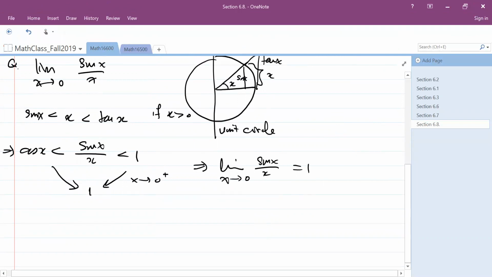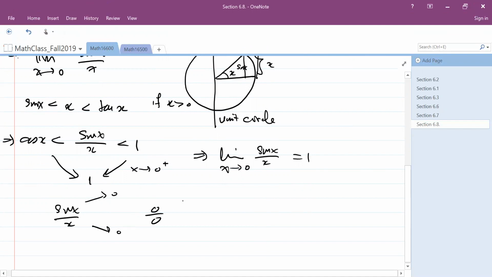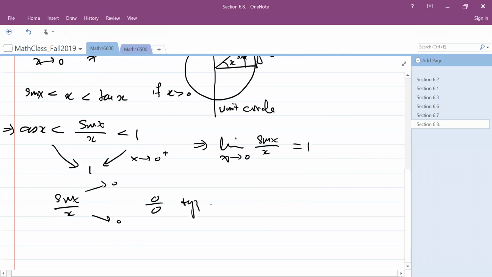The reason is sine x over x is a 0 over 0 type, because both approach 0 as x approaches 0. We just cannot take the x out of the numerator to cancel x. So we are able to apply L'Hopital's rule. You have to check that first.